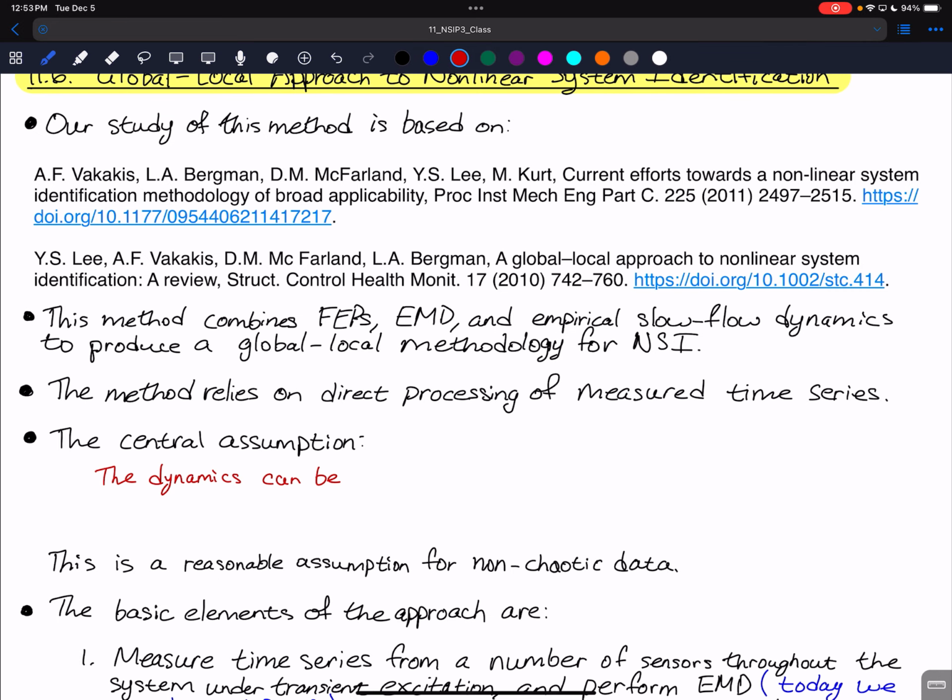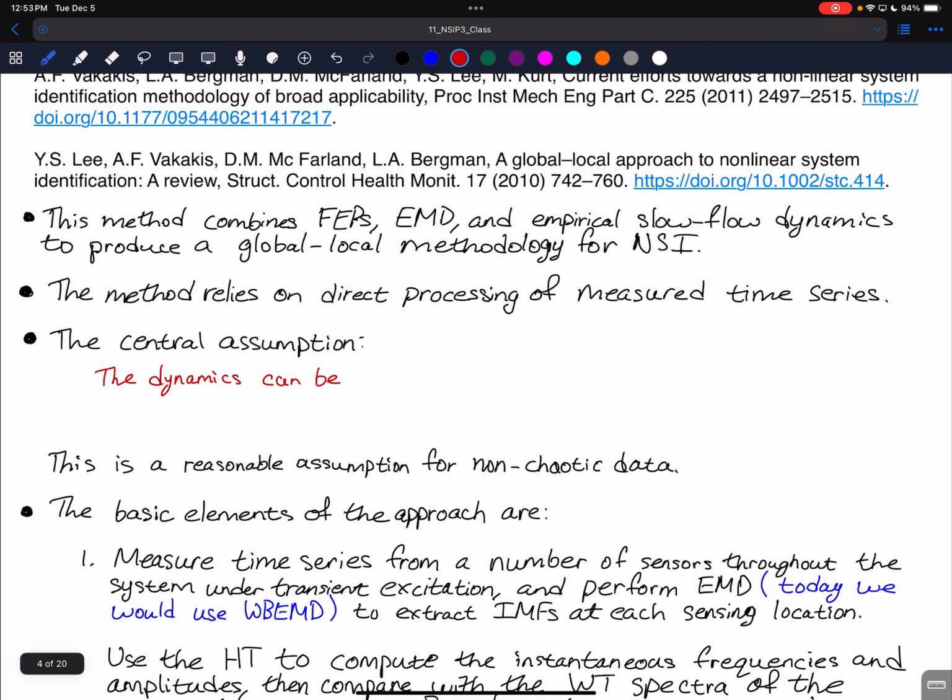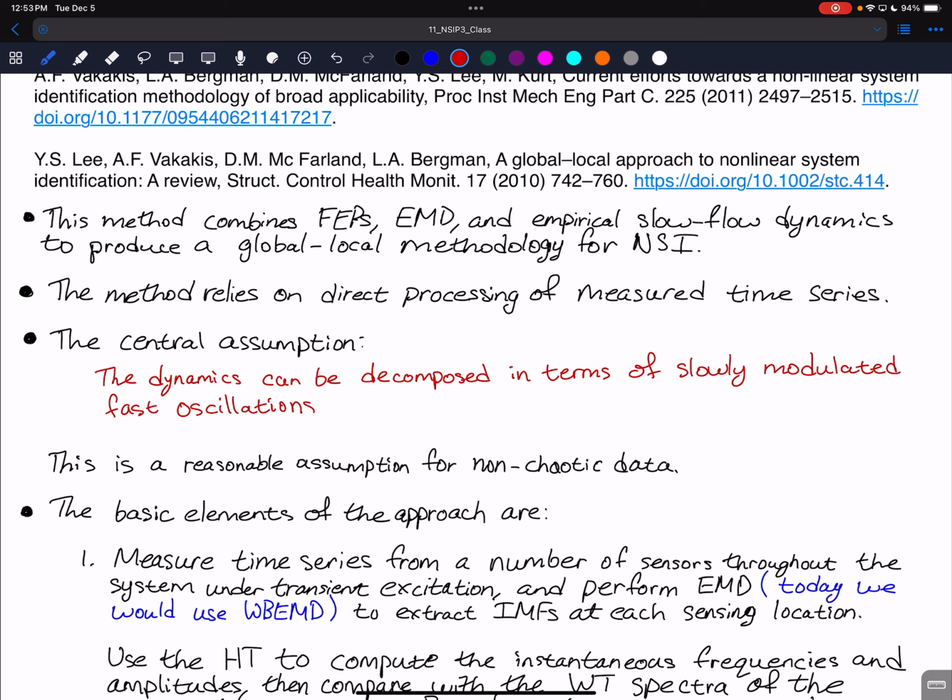And so the central assumption is that the dynamics can be decomposed in terms of slowly modulated fast oscillations.